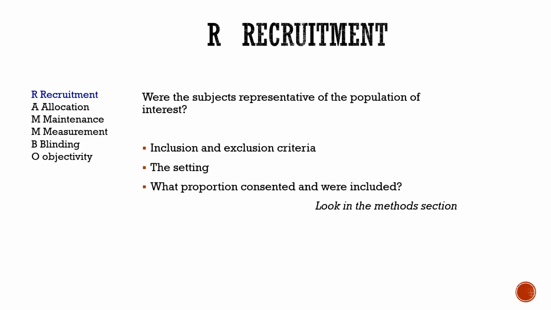What I want you to be aware of is that all randomized controlled trials that are published should have a table like this or a flow chart that simplifies things for you. Instead of spending a lot of time reading the methods and the results and where they went, look for this.